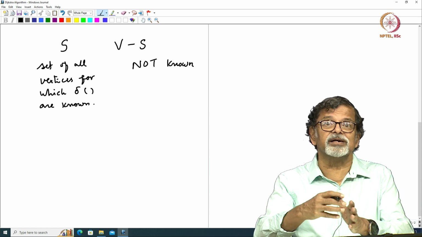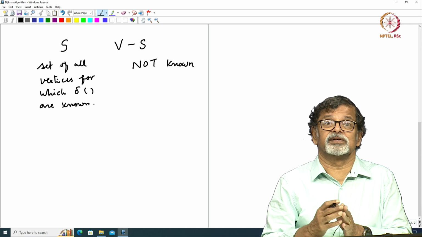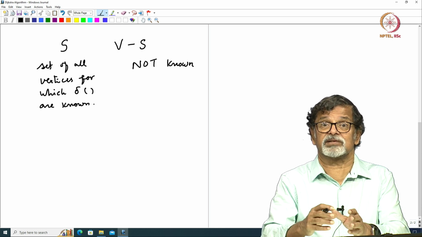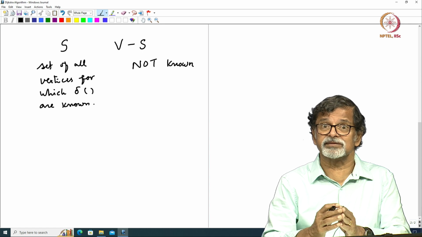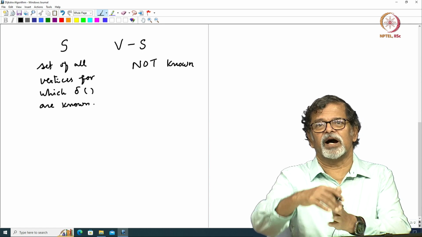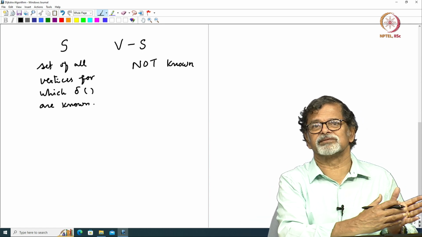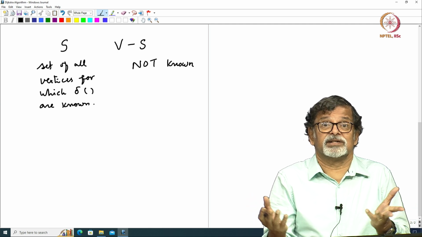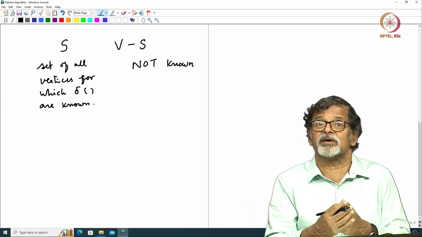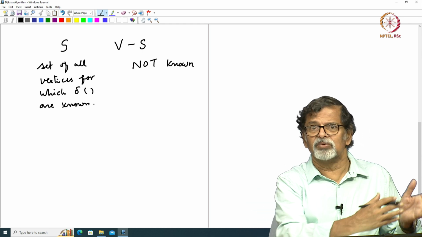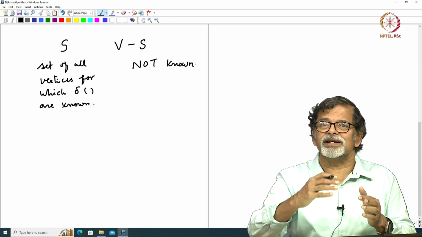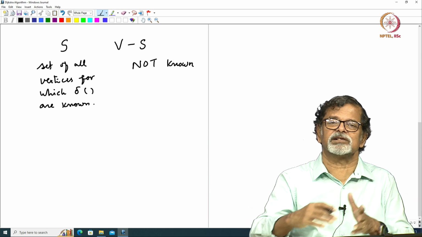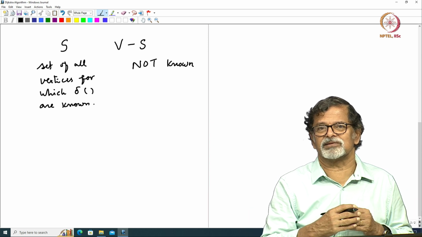Therefore, I will work in V minus S and find out one vertex for which the shortest path distance can be determined, and then obviously I move that out to S, because for that vertex I have found out the shortest path weight. So, move that to S.